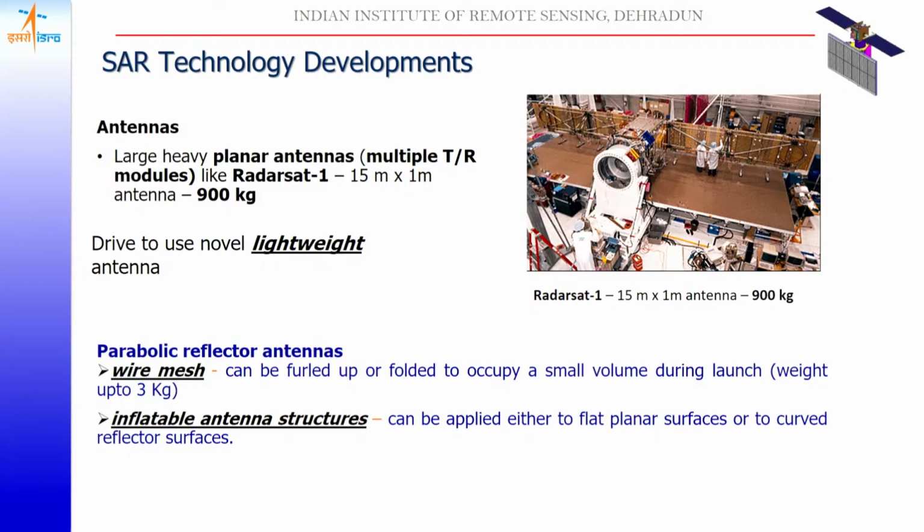Now, with the advancement of parabolic antennas in the form of wire mesh, or inflatable antenna structures, we can just unfold the antenna, and in the case of the wire mesh the weight is around 3 kg. So from the higher weight of 900 kg, we can now go for smaller satellites with smaller parabolic type antennas. That is the reduction of weight and of the electronic components in SAR systems.